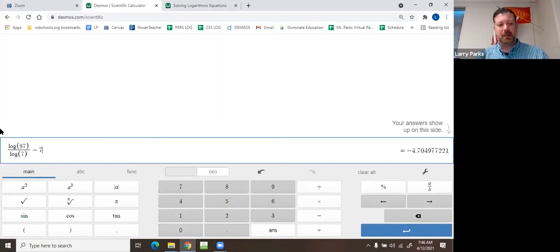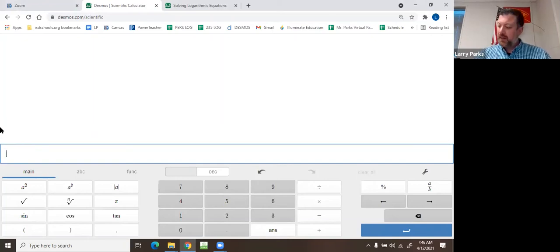And then just to check my work, so we had 7 to the power of, and then I'm going to plug in negative 4.7, and it was plus 7. Then it was plus 3, and that was supposed to equal 90, and we get approximately 90. It's off because I rounded too much.